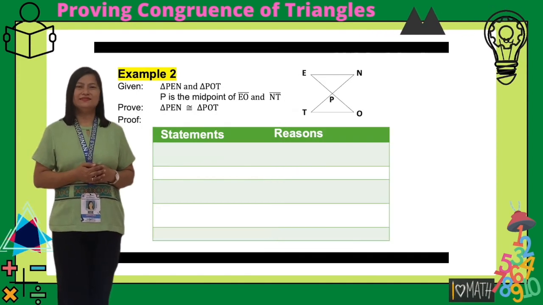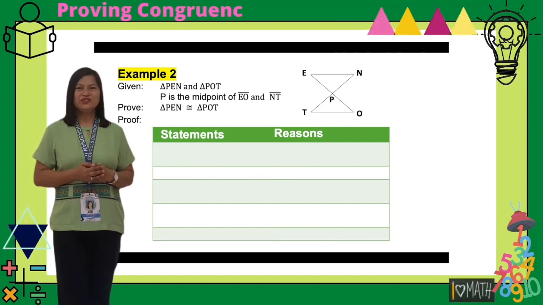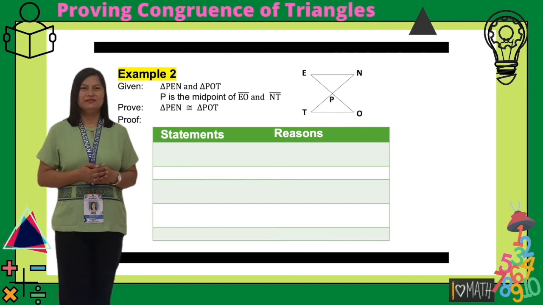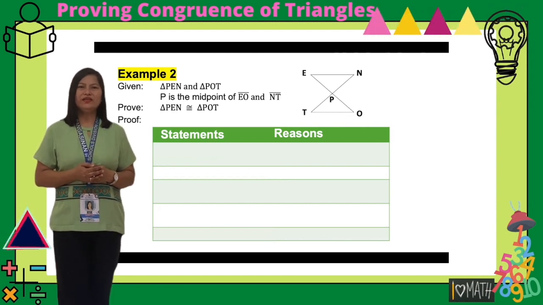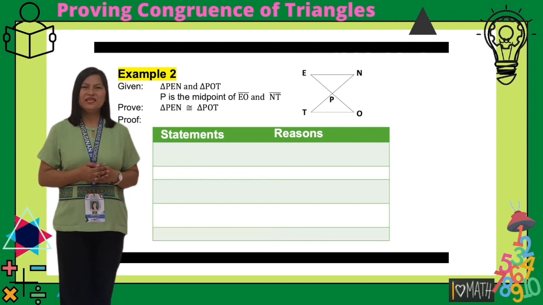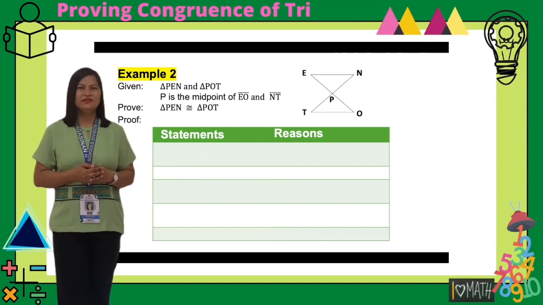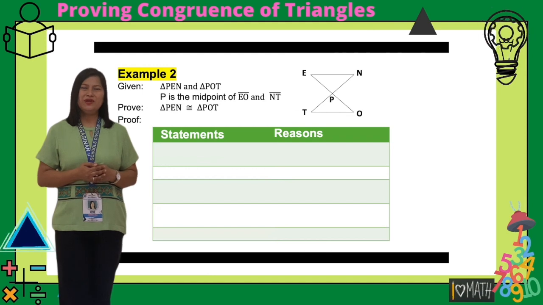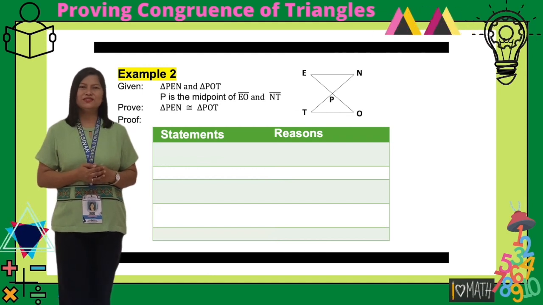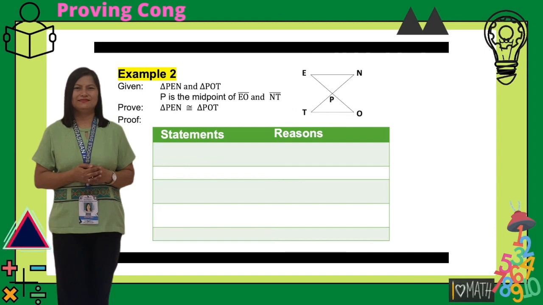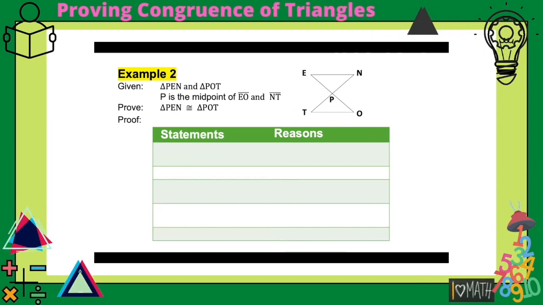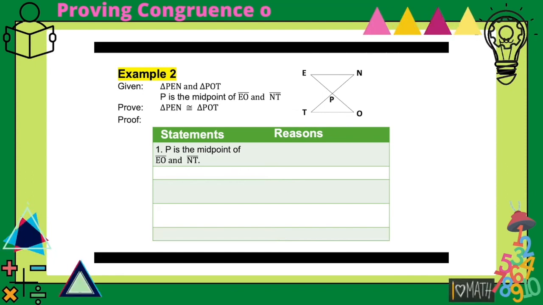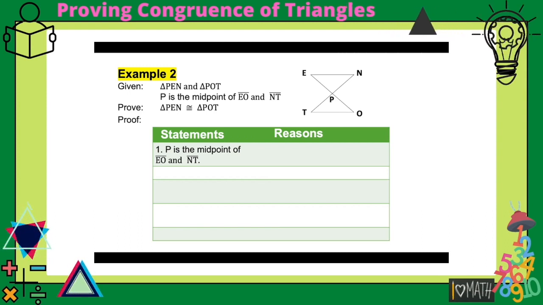Next example, given triangle PEN and triangle POT. P is the midpoint of segment EO and segment NT. Prove triangle PEN is congruent to triangle POT. Let's have the proof. Statement 1, we have P is the midpoint of segment EO and segment NT.